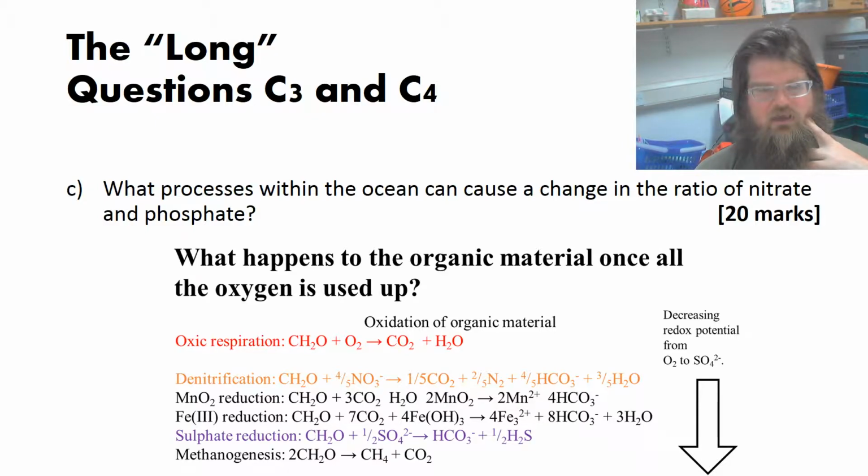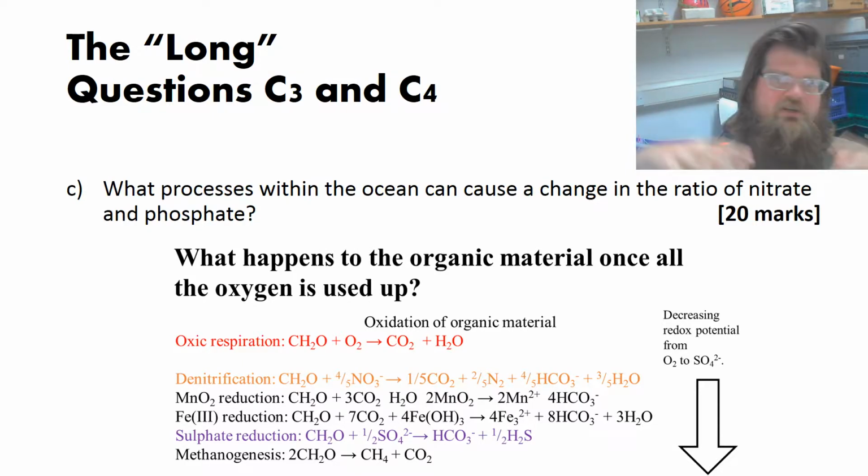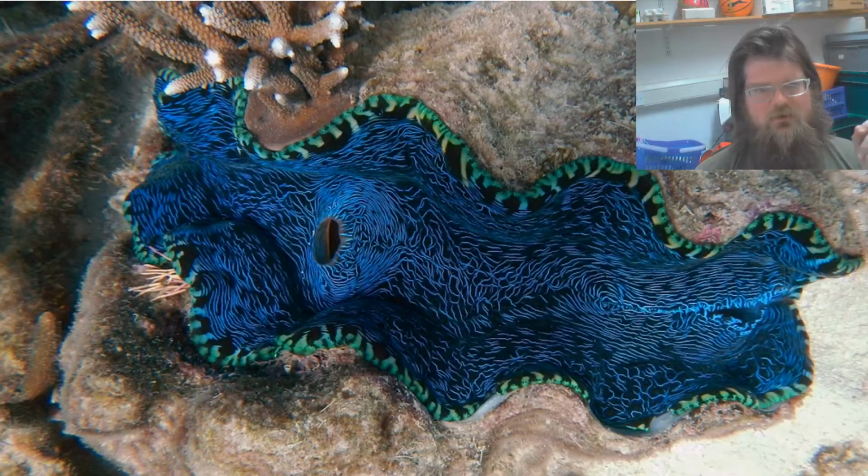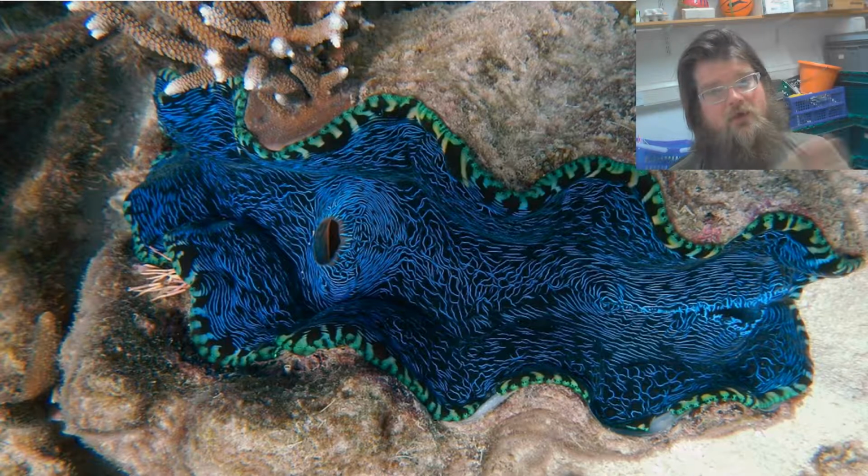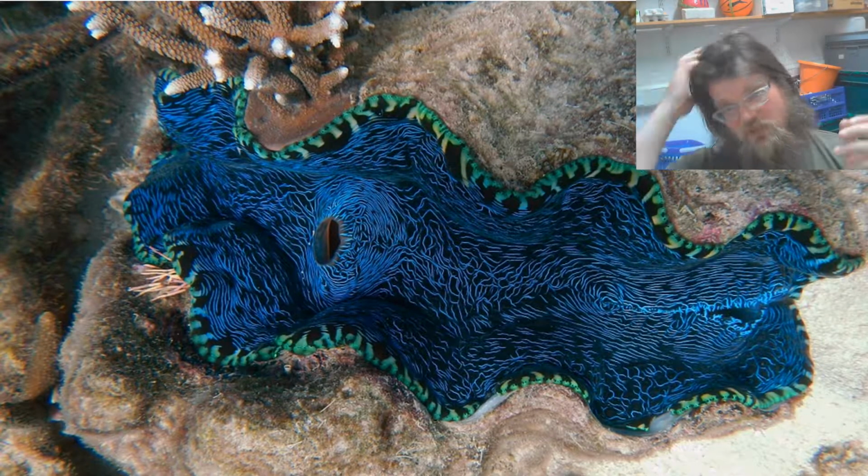So we use up all the nitrate. We can use nitrate to breathe organic matter if we're a denitrifying bacteria, and that will remove nitrogen into a phase which can escape into the atmosphere. So those were the things we were looking for in terms of questions.